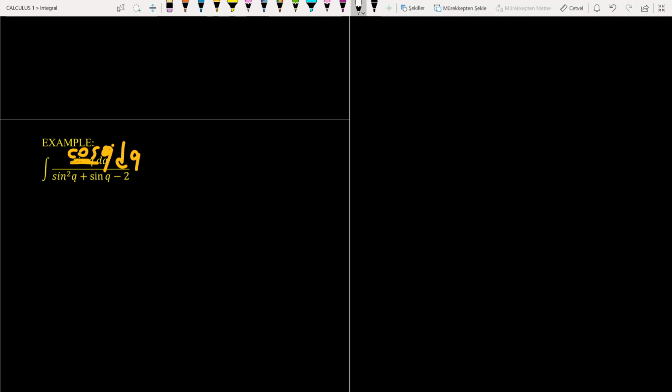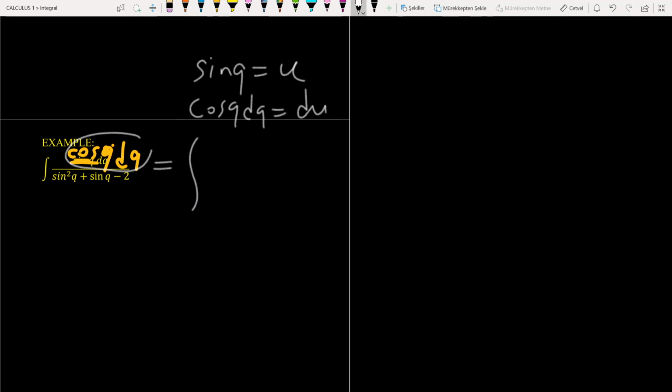Again, I first use the substitution rule to solve the integral. Let's say sine q is equal to u, then cosine q dq becomes du. So this integral becomes, instead of cosine q dq, I have du. Instead of sine square q, I have u square plus u minus 2.